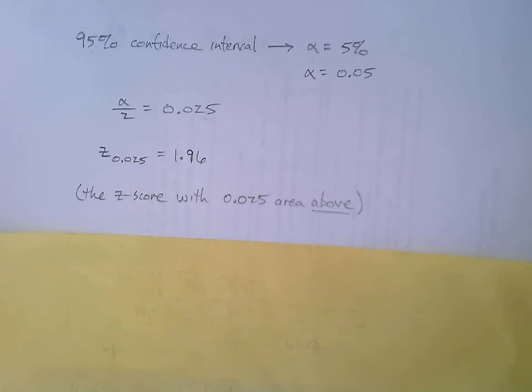We could, of course, use the Z table and do it that way. That's what we did in chapter 6. Just for those of you who might go further with statistics in the future.